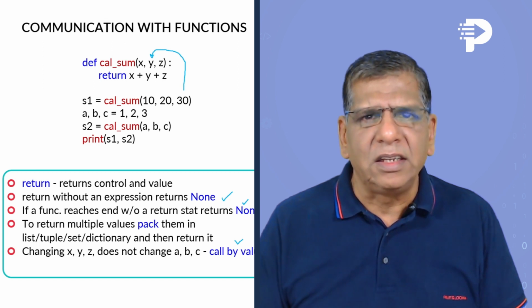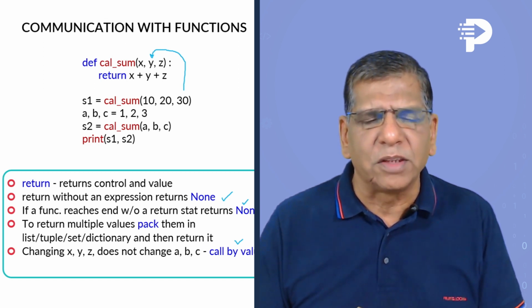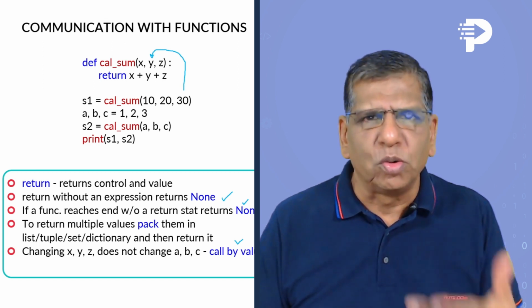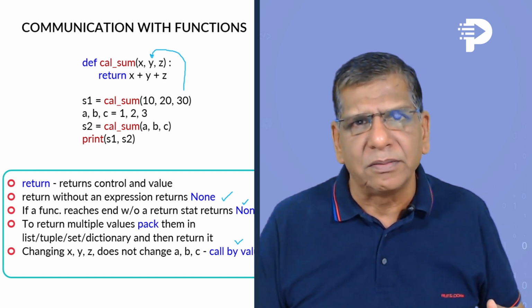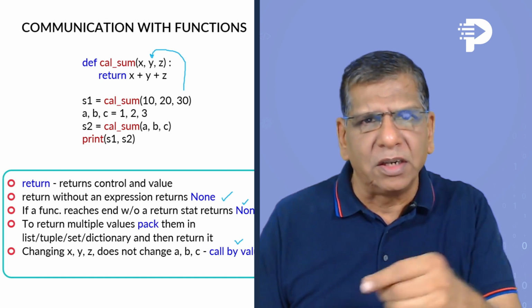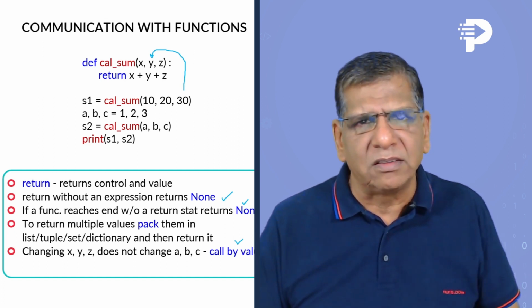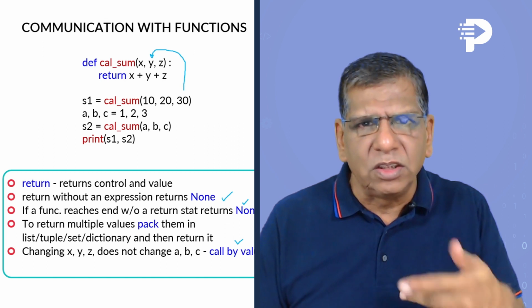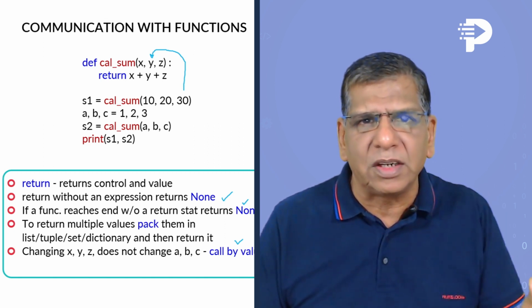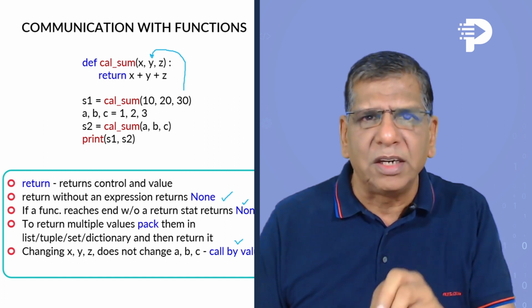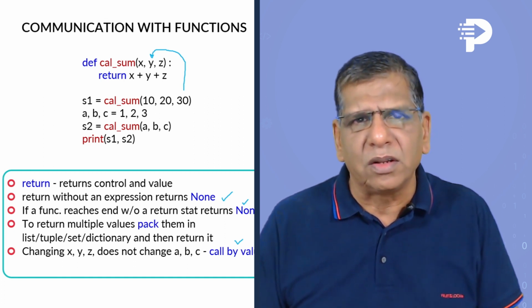And lastly, here we are returning an integer x plus y plus z. But tomorrow I may have a cal_sum function which has multiple returns. If some condition is true, return one value, else return some other value. Now these two different values that I am returning are free to be of different types. One return may return an integer, second may return a float.